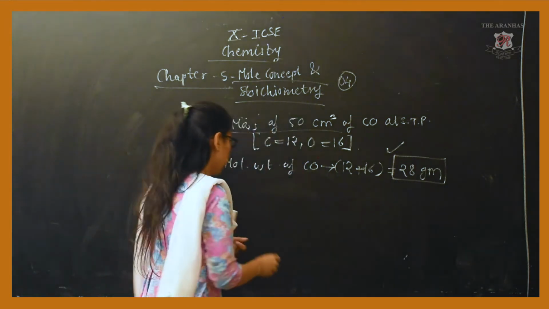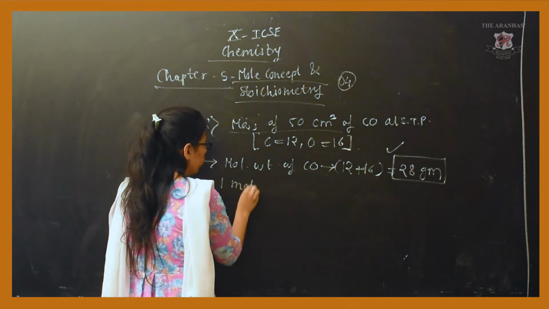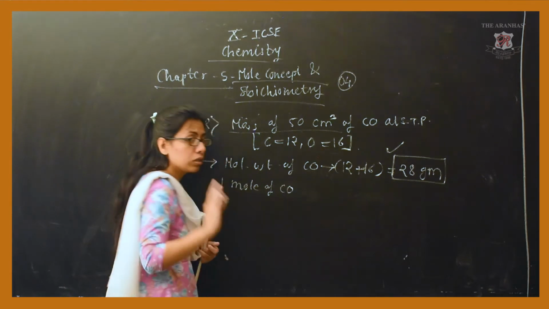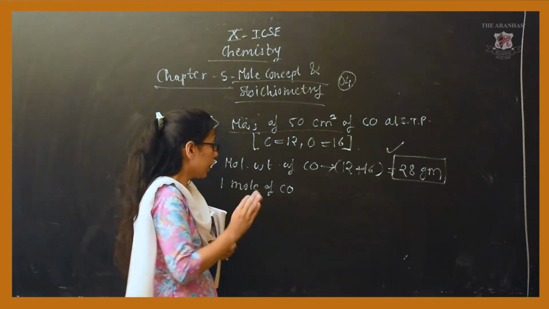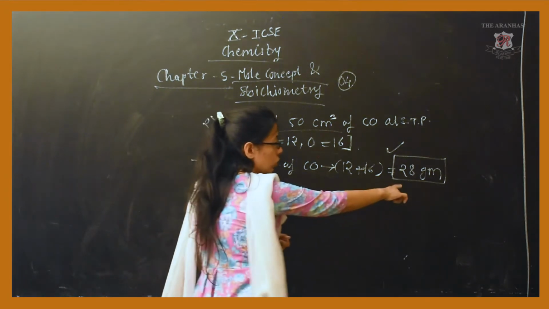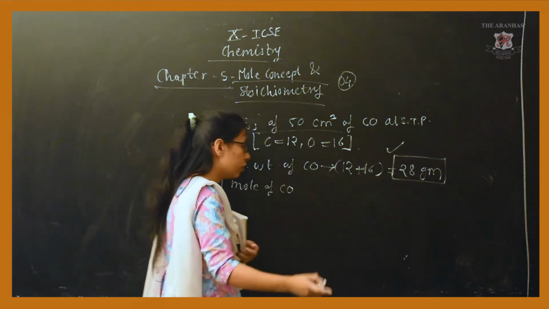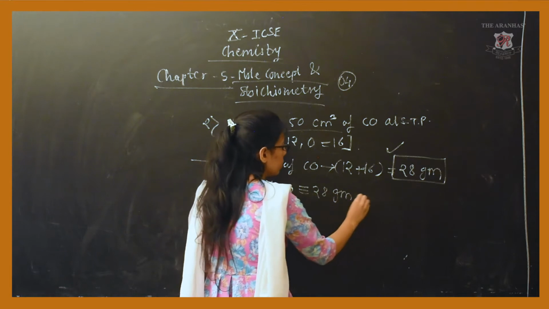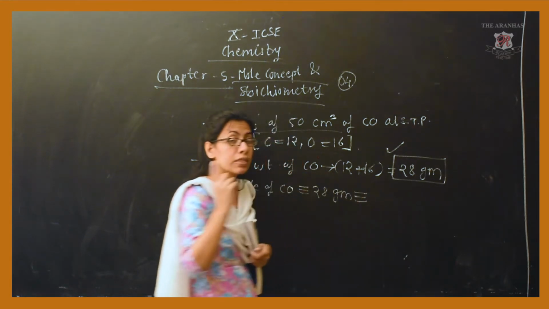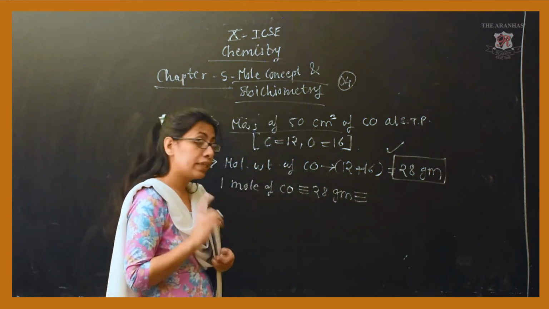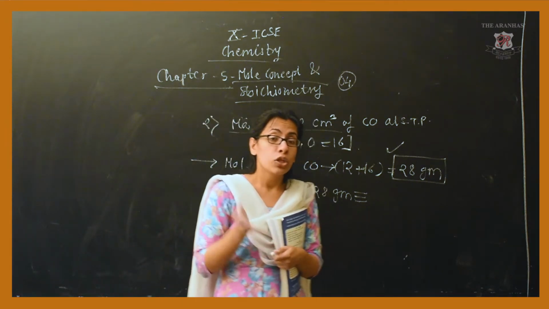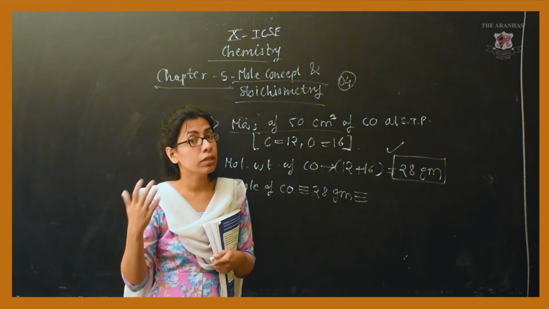Fine? So I'll write down here: 1 mole of, now which gas is here? CO. Now 1 mole of CO is always equivalent to its molecular weight, which is 28 grams, and which is equivalent to, what did I say just now? How much volume does it occupy? 22.4 liters.